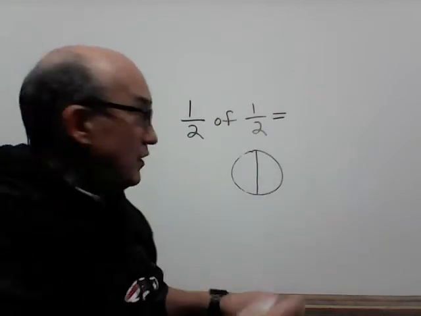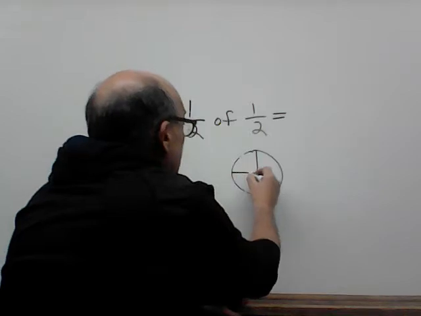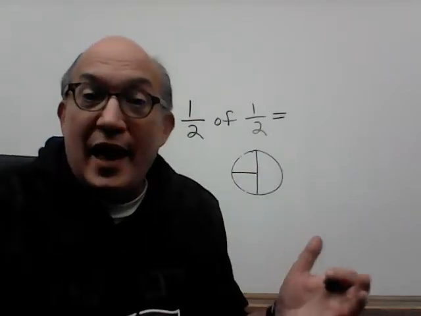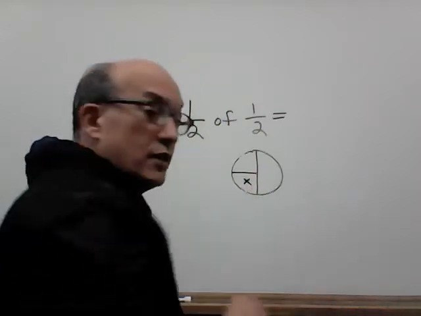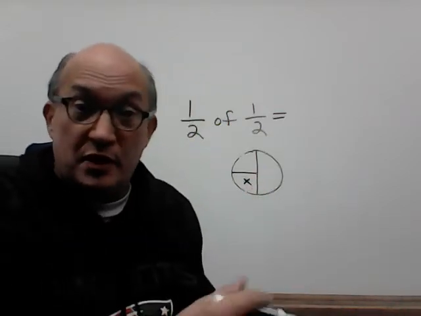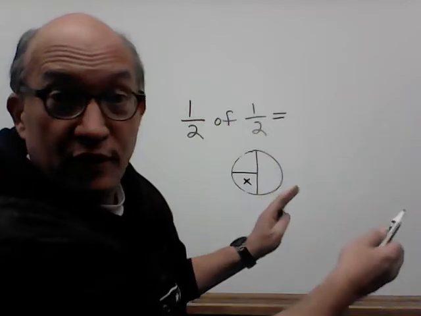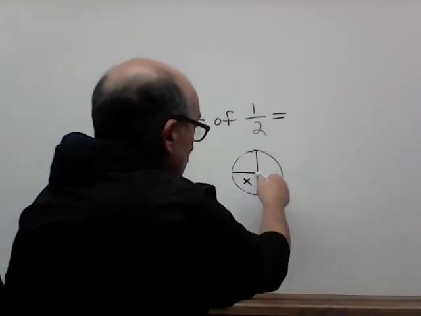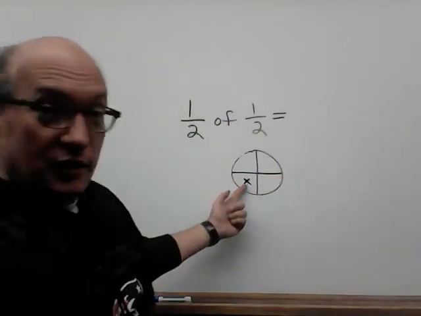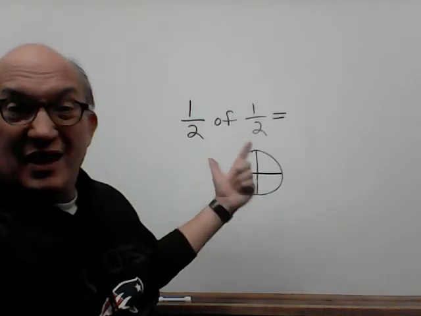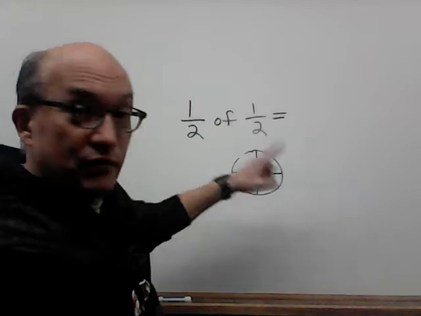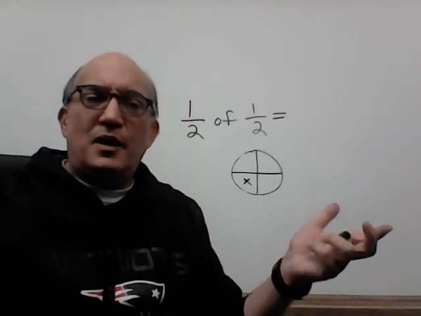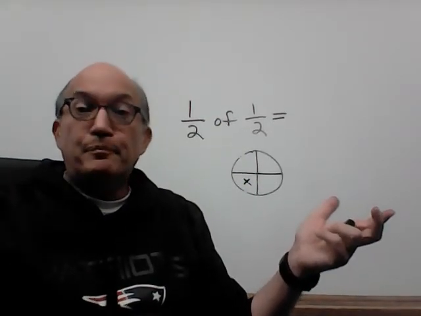But what if you take the knife again and you cut that half, one of those halves, in half again? Now, one of those pieces, it's half of a half, but it's also a fourth of the original circle. And if you go over like that, you can clearly see that that piece there is 1/4 of the entire circle. It's also half of that half. That, I think, is the basis of the intuitive understanding.